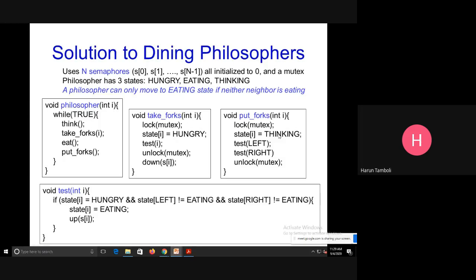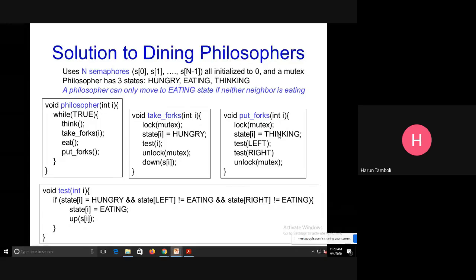So consider the philosopher. Here four functions are given: philosopher, take fork, put fork, and test. So first focus on the philosopher. In the philosopher, you can see the first function is the think function, where all the philosophers are in the thinking state.